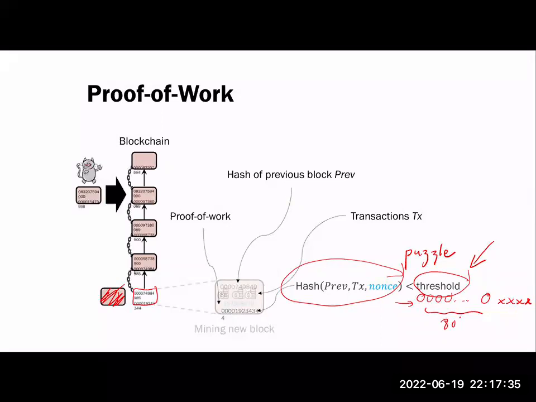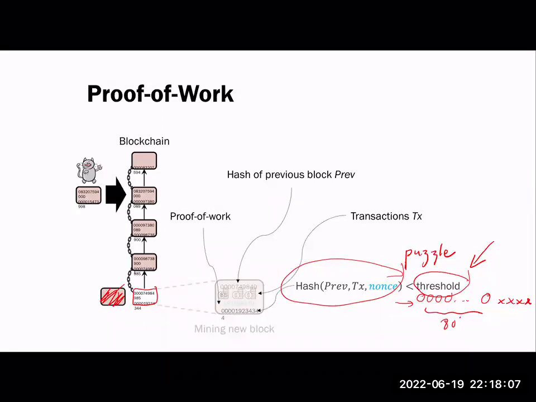And because of this sequence of hashes, it is impossible for an attacker to go and replace one block in the middle of this blockchain. Because if you want to replace a block, you want to change the content, right? For example, you may not like a particular transaction, you want to remove that transaction, or you want to replace that transaction by another transaction.